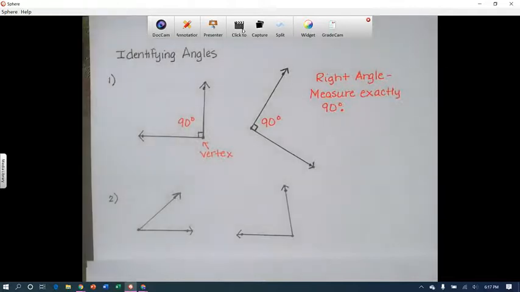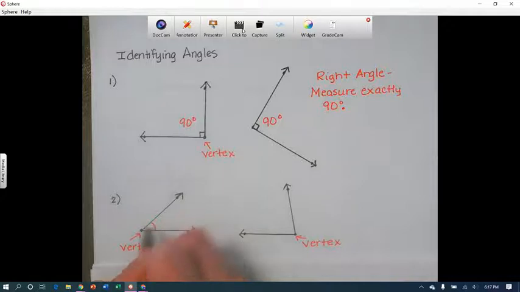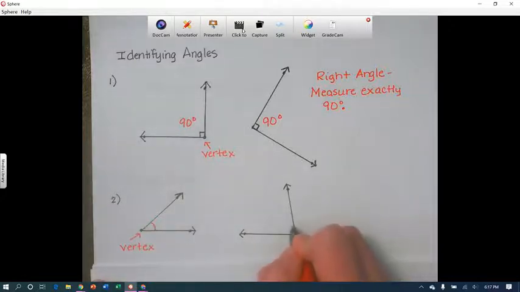Let's see these angles. Again, this is the vertex here, where the two rays intersect. And here's the vertex with this second angle. And so it looks like these angles are less than 90 degrees.